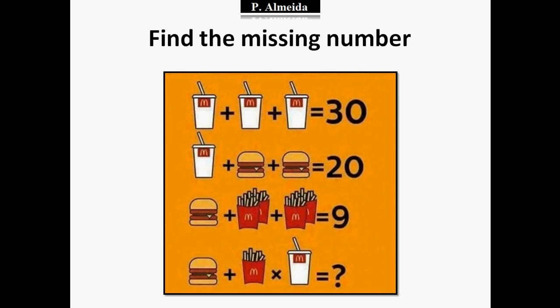Okay, so I have 3 McDonald's cups that add up to 30. 1 McDonald's cup and 2 burgers add up to 20. Then you have burgers and chips that add up to 9, and then you have to figure out the last result. I'm not going to tell you anything else about this riddle for you not to get any clues and for all the merit to be yours when you figure out the right answer.